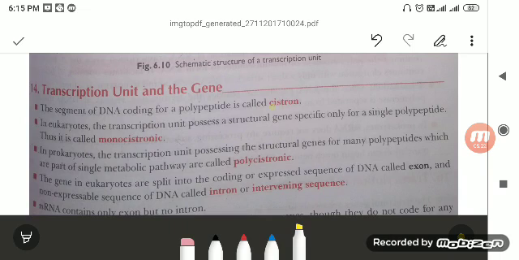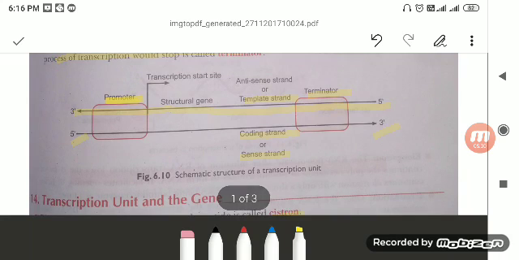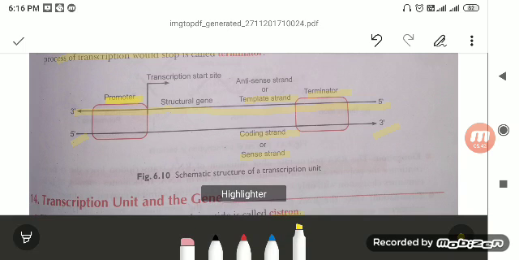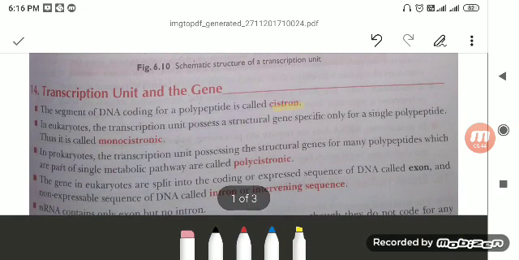Very important, what is a cistron? The segment of the DNA coding for a polypeptide is known as a cistron. So this segment of the DNA helps in the formation of RNA, and from RNA the polypeptide or protein synthesis will take place. That segment of the DNA is known as the cistron.